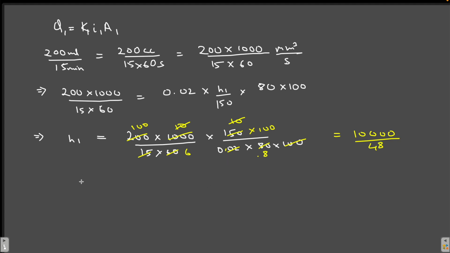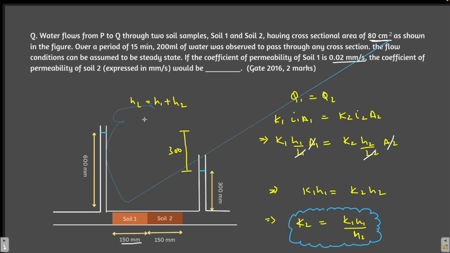Now let's solve this. 10,000 by 48 will give you 208.33. This is the value of H1. Now let's calculate H2. H1 plus H2 is the total head loss, and the total head loss we know is 300.